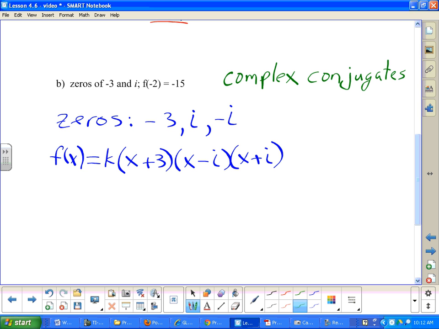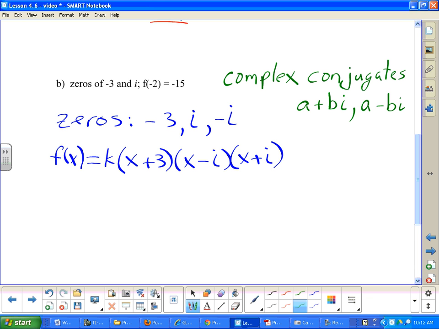That rule states that if you have a complex number as a 0, like a plus bi, then you would also have a 0 at a minus bi, where the complex number is the opposite. So since i is a 0, then negative i is a 0 also.